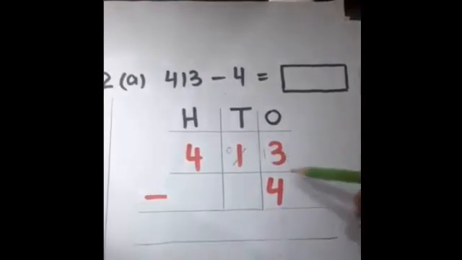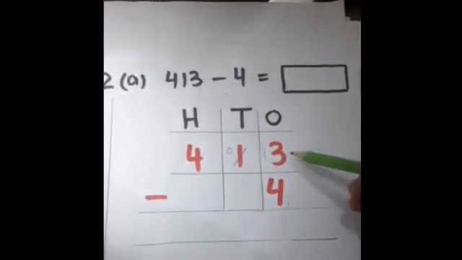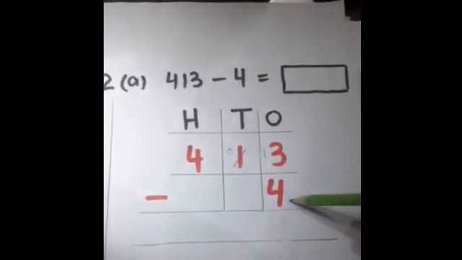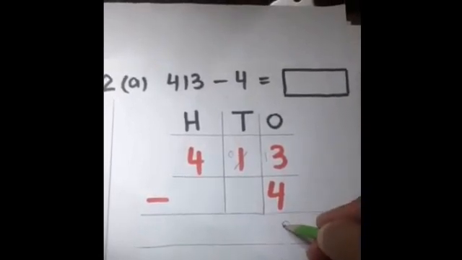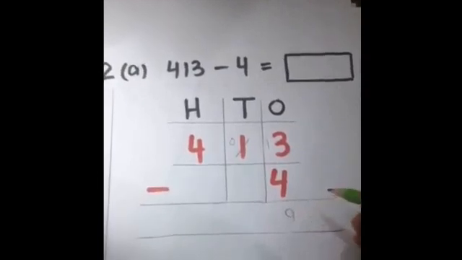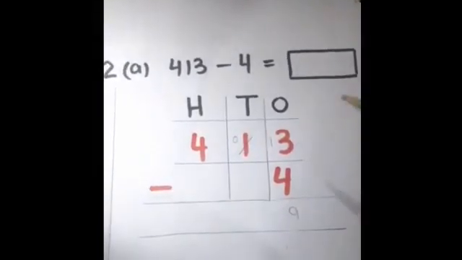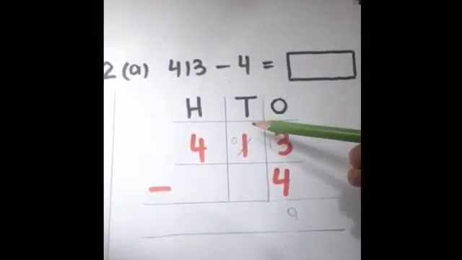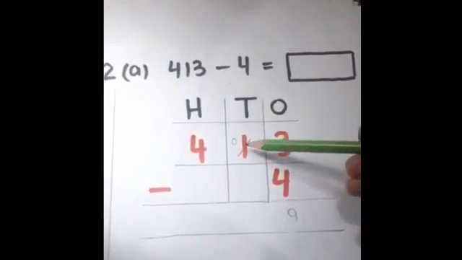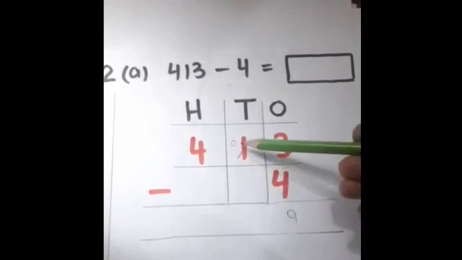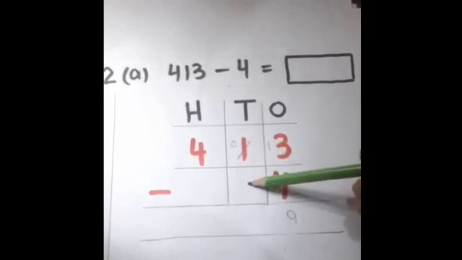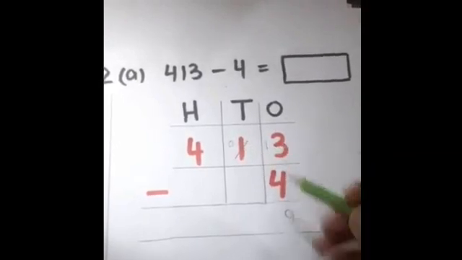Now you will subtract both numbers because this number is bigger than this number. 13 subtract 4 is 9. And in the tens column you can see there is only 0 and there isn't any number below this 0, so you will write down in the same way.